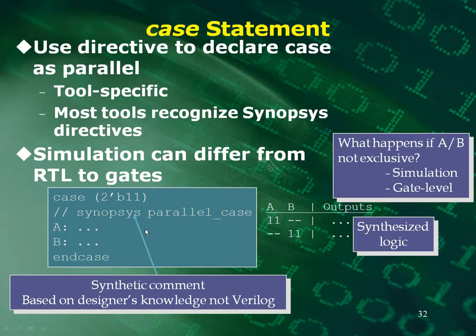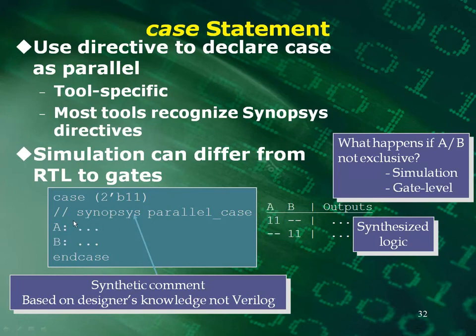So I just want you to be aware of it in case you see it or think you have to use it for some reason. First of all, your tool would have to be able to support it. That's why I say here that it's tool specific. So in this case, if this were the Synopsys compiler or one compatible with it, then if A is equal to 2'b11, the output would be whatever this is.